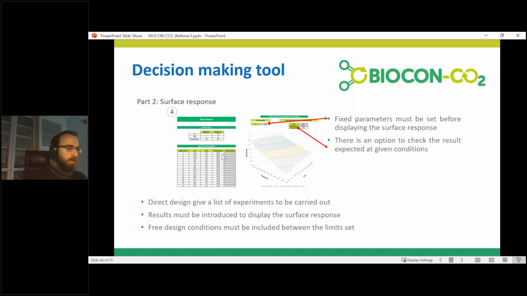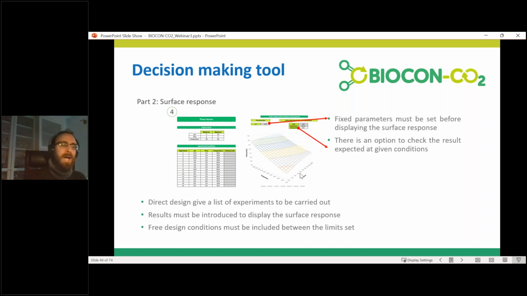For this example, it is a three variable analysis. We've got three different graphs, and we need to fix one of the parameters to see how the other two affect each other.